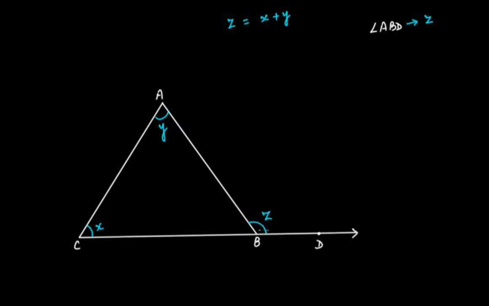Again, the value of the exterior angle will be equal to the sum of interior opposite angles, that is Z is equal to X plus Y. Now let's prove it, how.